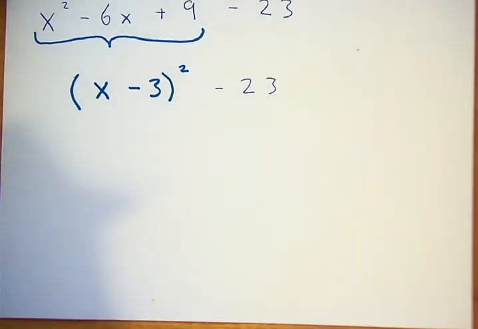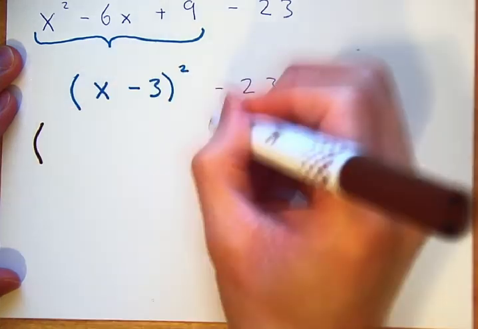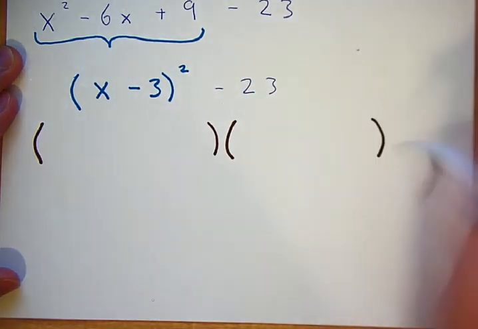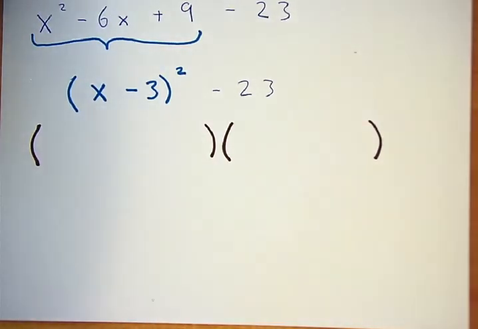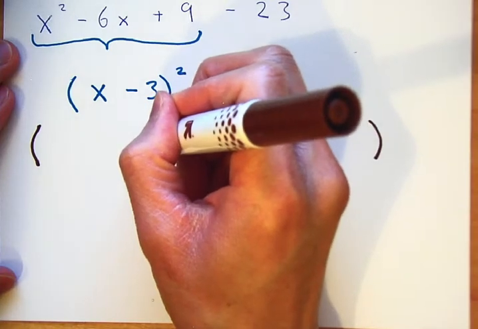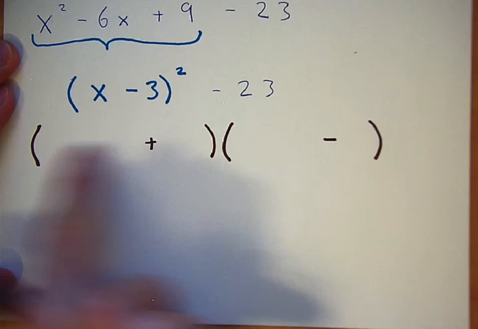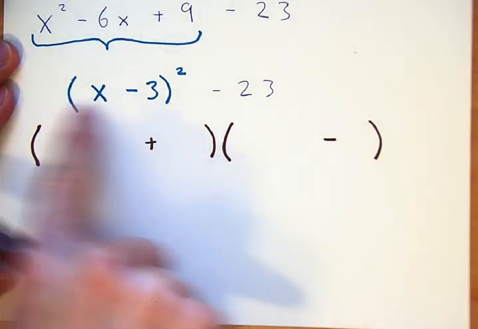So, all right, using our difference of squares theorem, what goes here is the square root of this first term.